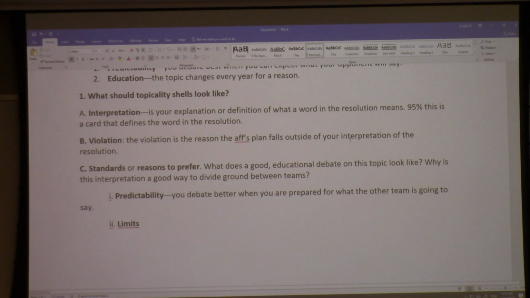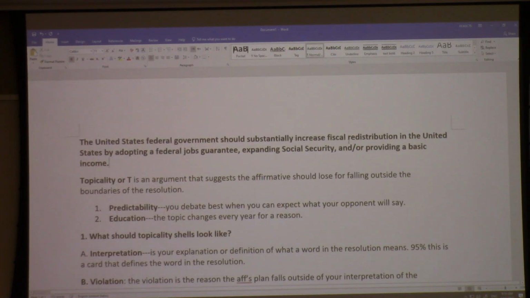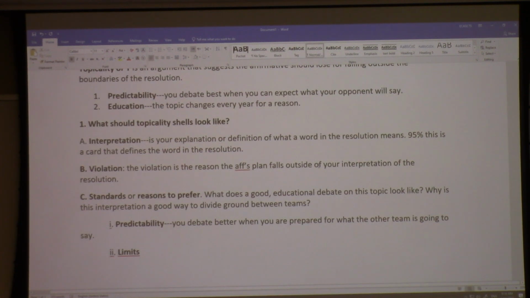But the definition of fiscal redistribution that comes from a dictionary, maybe defining the phrase redistribution, is a pretty predictable standard for affirmative teams to have to follow and negative teams to have to respond to. So predictability: you debate better when you are more prepared for what the affirmative is going to say. That leads to better clash, so both teams are responding to what the other team is saying, and more education in general.